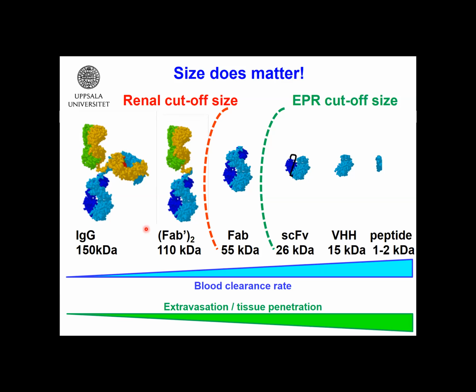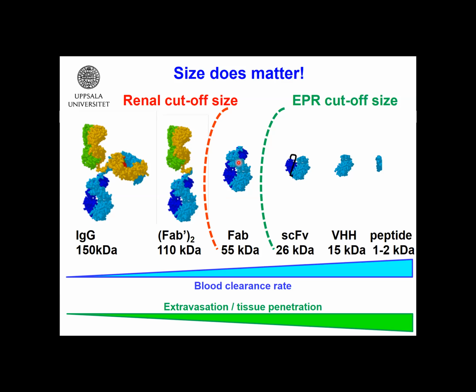For example, if you treat antibody with the enzyme pepsin or papain, the constant part of an antibody will be digested, but Fab fragments, antigen-binding parts, would be preserved, and depending on the enzyme, they would be either dimeric with a molecular weight of approximately 110 kilodalton or monovalent.